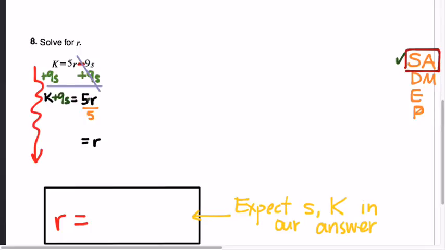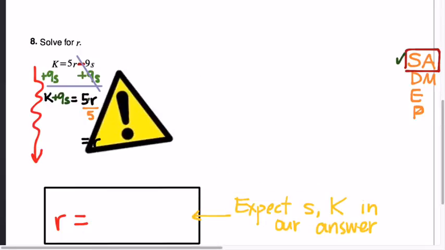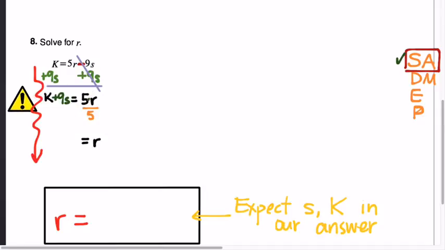And now here's a source of potential errors that I see happen sometimes when people work these problems. We're having to divide the entire left-hand side of this equation by 5. So when you put your fraction bar in, make sure that that fraction bar extends under both of the terms on the left-hand side. K plus 9s all divided by 5. One of the common sources of error is that people will just, whether they're in a hurry or just not thinking about it, accidentally only divide one of the terms by 5 instead of dividing all the terms by 5.